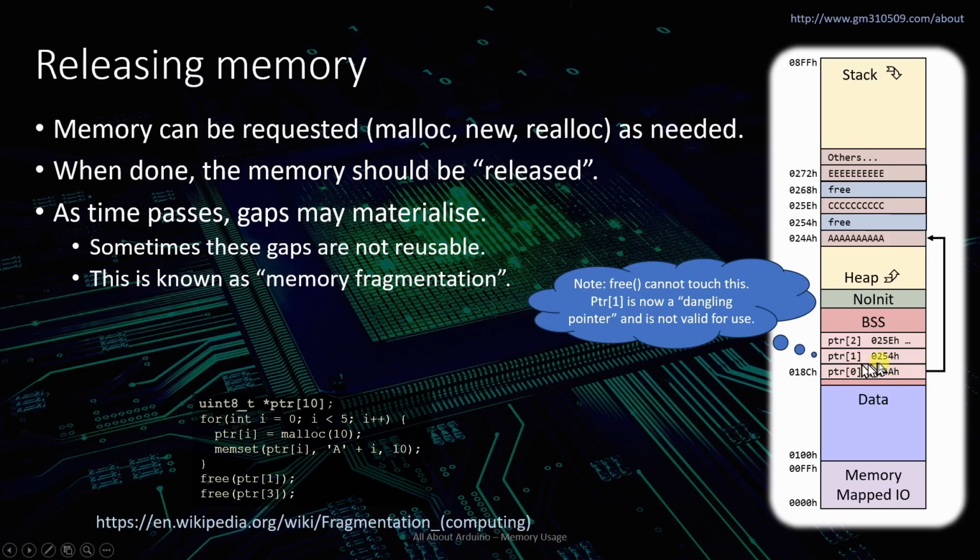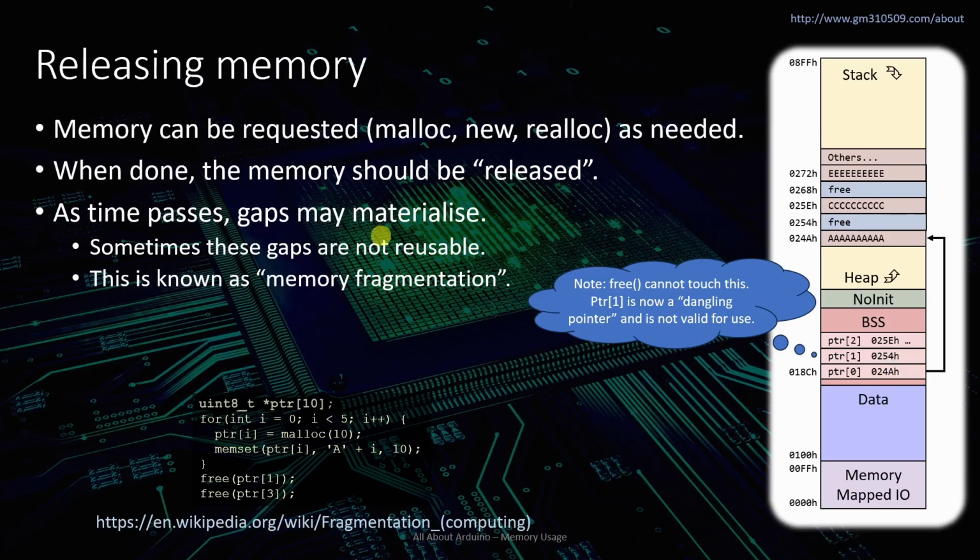So it doesn't do anything to your original pointer there. That means this pointer is now, while still pointing to this memory address, no longer valid because, again, it could be reused by the system at any point in time.